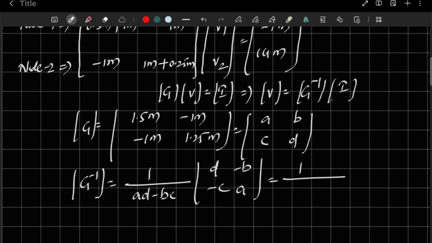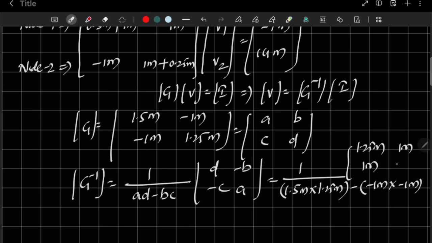So applying that, 1 by 1.5 milli into 1.25 milli minus (minus 1 milli)(minus 1 milli), multiplied with the matrix: D is 1.25 milli, minus B is 1 milli, minus C is 1 milli, and A is 1.5 milli. This is what we have to calculate.